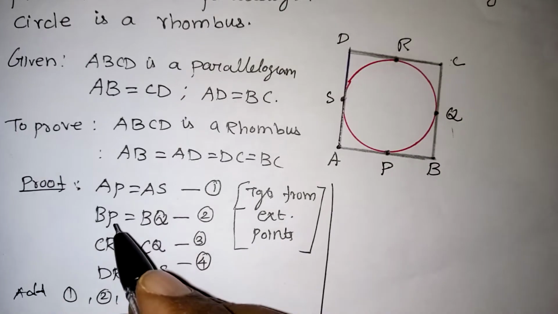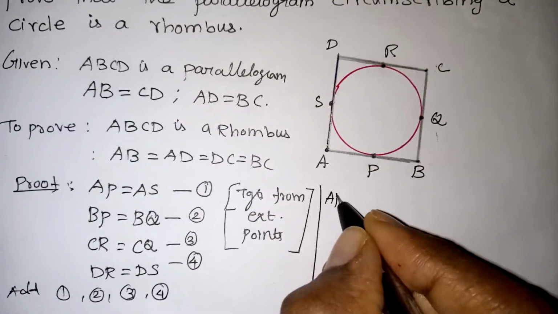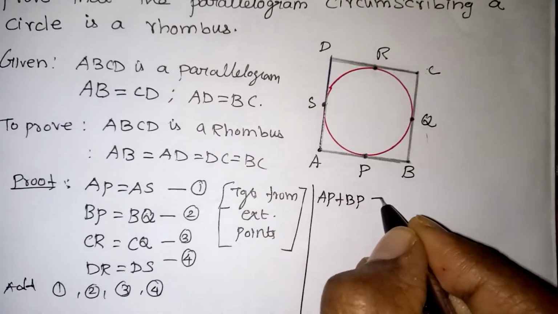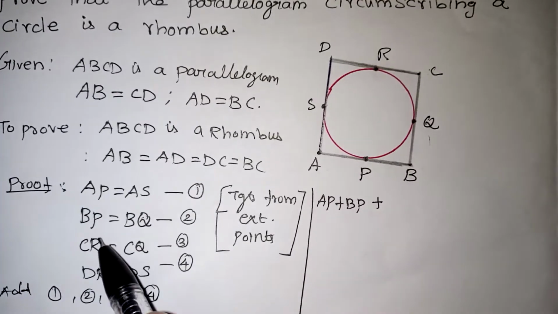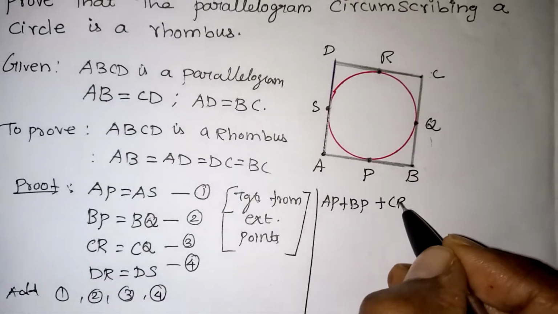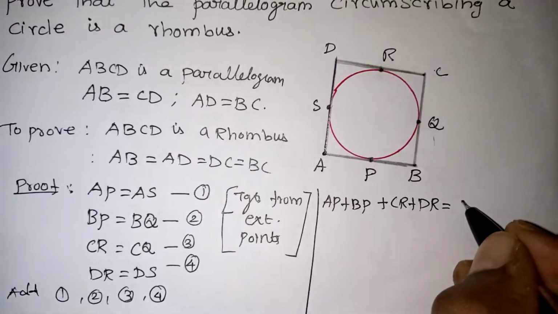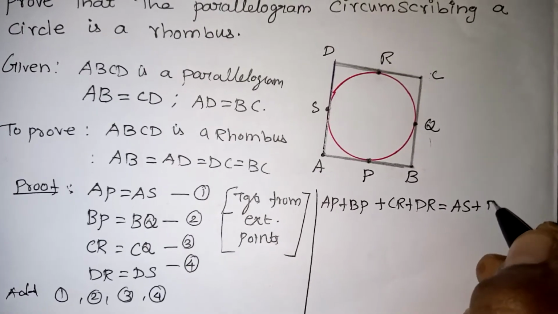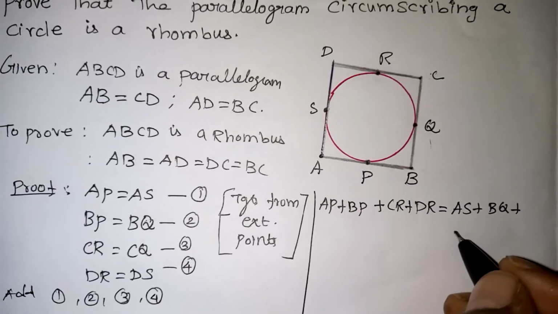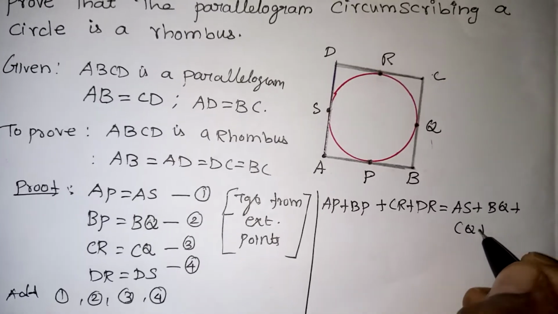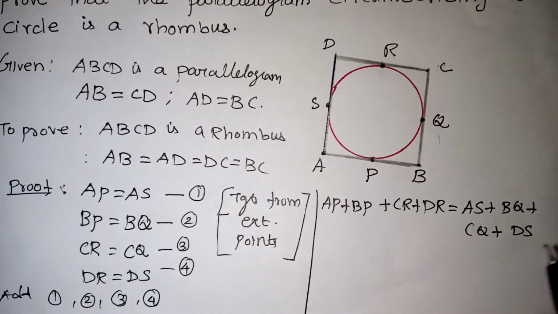So here AP plus BP plus CR plus DR is equal to AS plus BQ plus CQ plus DS. These are all the four values we are getting.